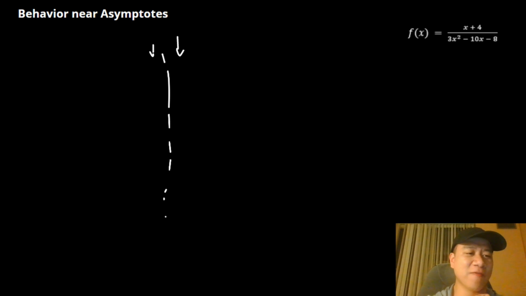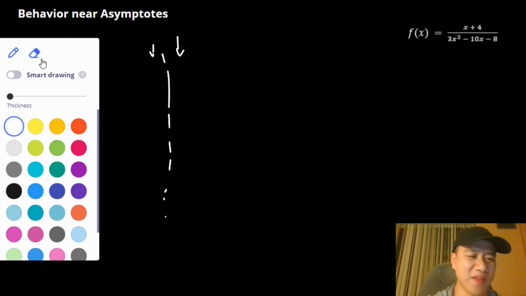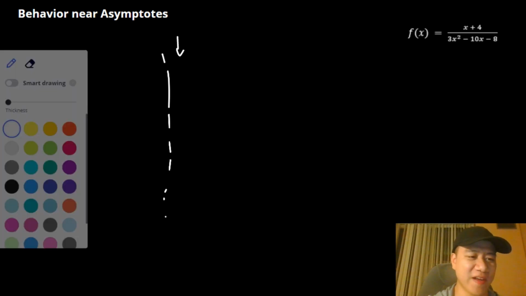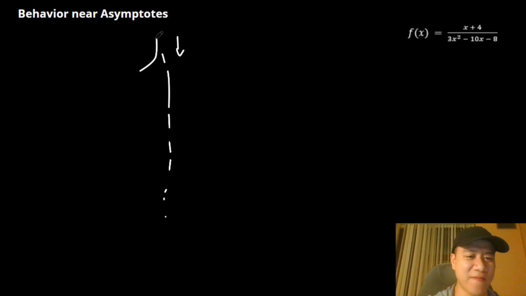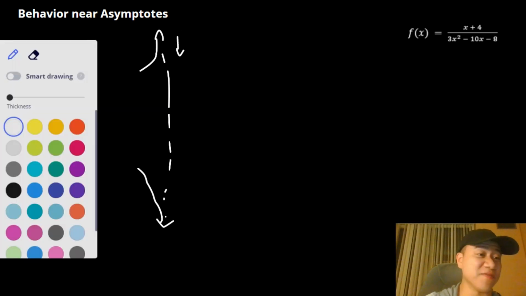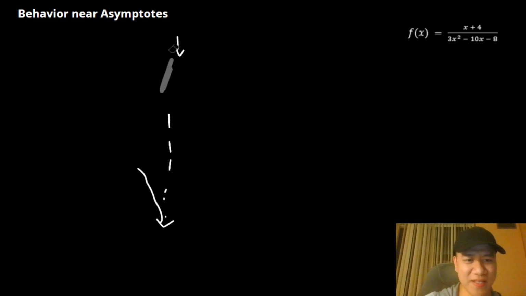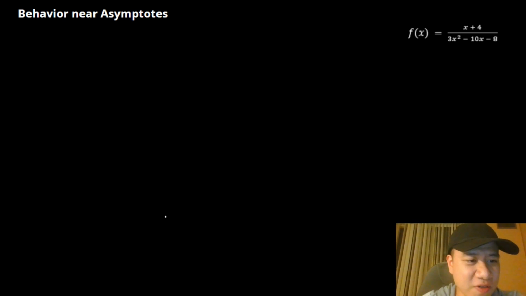What we're looking for is: if we plug in a point on the left side and it is a positive number, then we know it's going to shoot up like this, because it's positive. And if it's negative, it'll have to shoot down like this. So that's the whole goal. We're just substituting a point that's really close to the asymptote and seeing if the outcome is positive or negative. So let's do that for our example function over here.